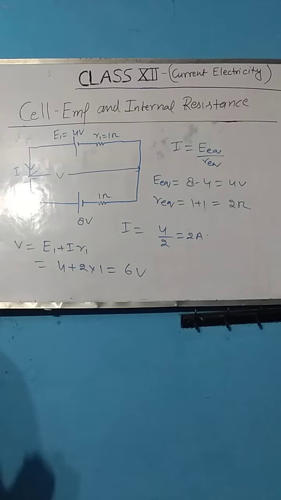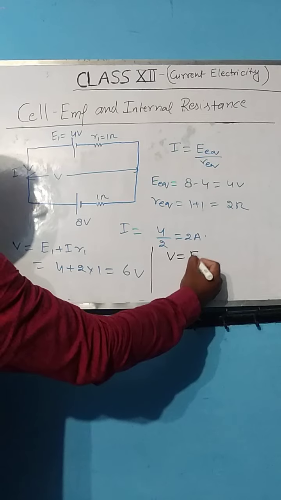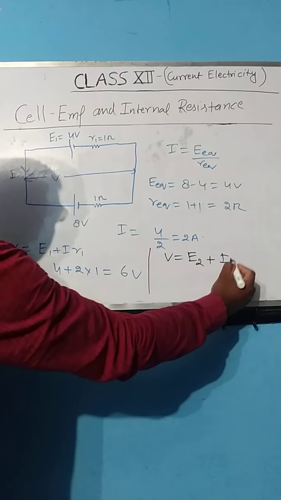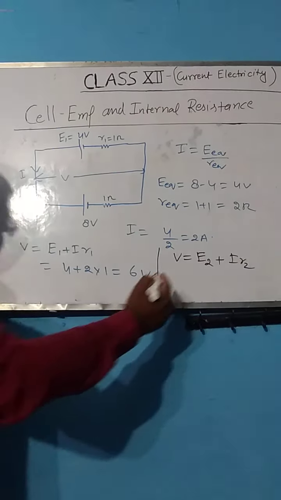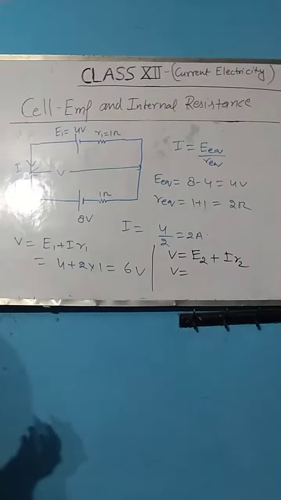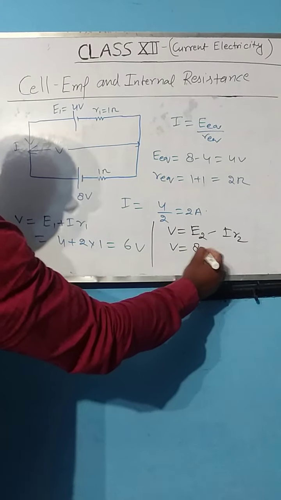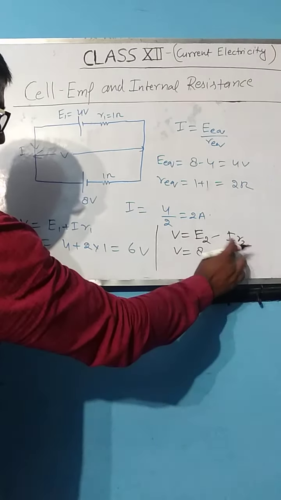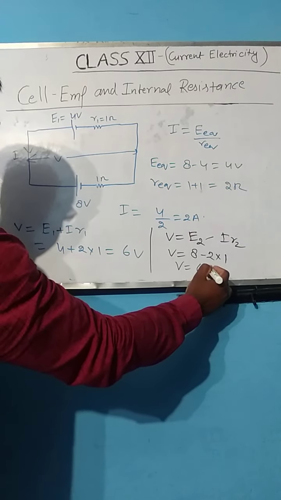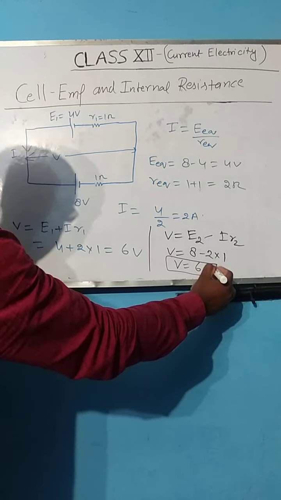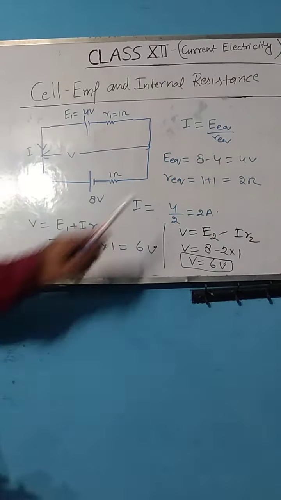For the second cell, V equal to E2 minus IR2, so V equal to 8 minus 1 into 2, so V equal to 8 minus 2, which means 6 volt. So both potentials will be the same. Okay, so the value V for this cell and this cell are equal.